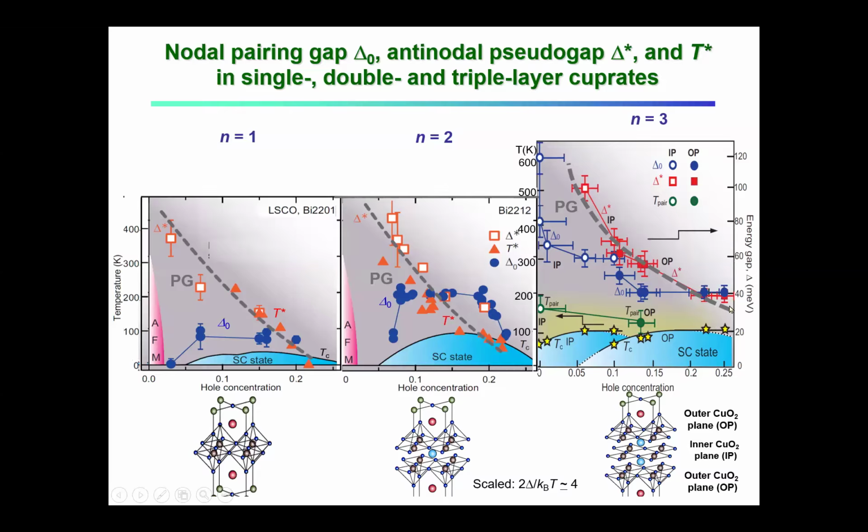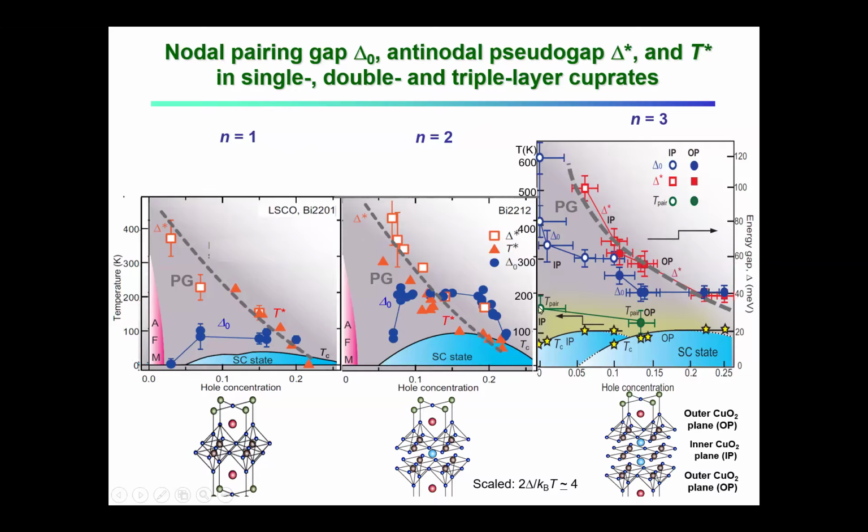And so if you plot those data in a single graph, this gap systematically increases with decreasing doping.